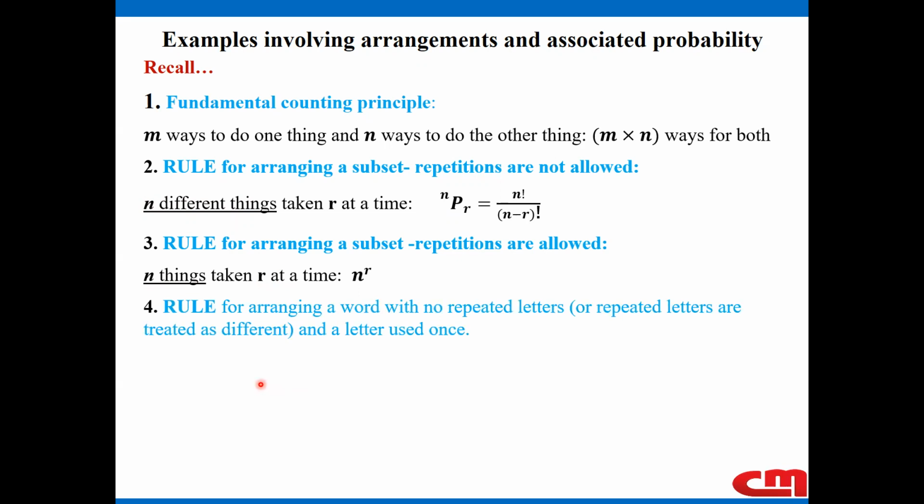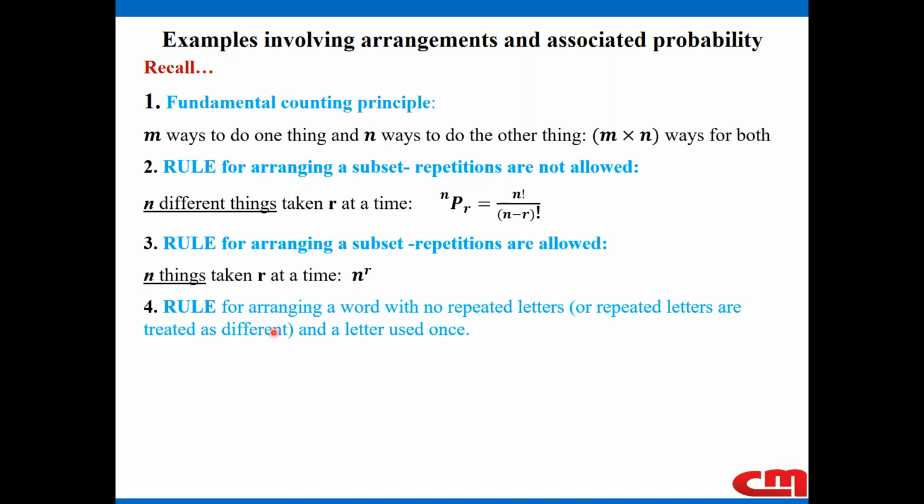Number four, rule for arranging a word with no repeated letters, or repeated letters are treated as different, and a letter used once, right? This rule only refers to when you are arranging the letters of a word with no repeated letters, or it will be stated that the repeated letters are treated as different.